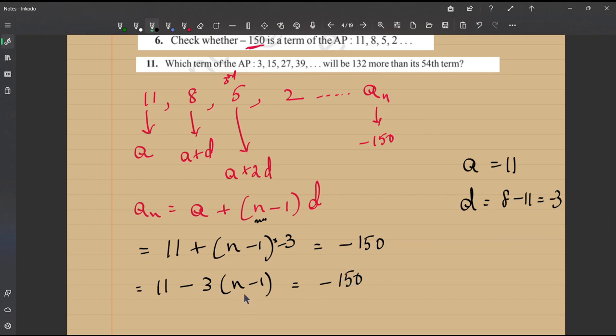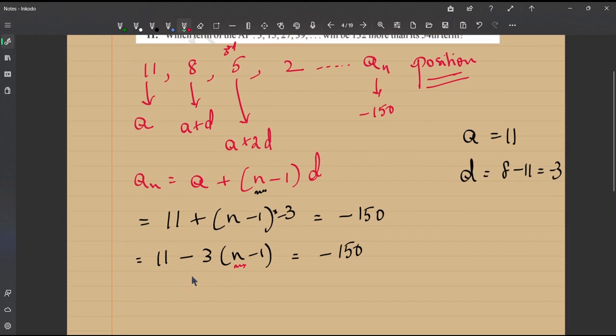So let's find if there is an n where it is equal to minus 150. But one thing we should remember, this n has to be a positive integer because it represents the position of the term, isn't it? So it can be first, second, third or whatever. It has to be a positive integer.